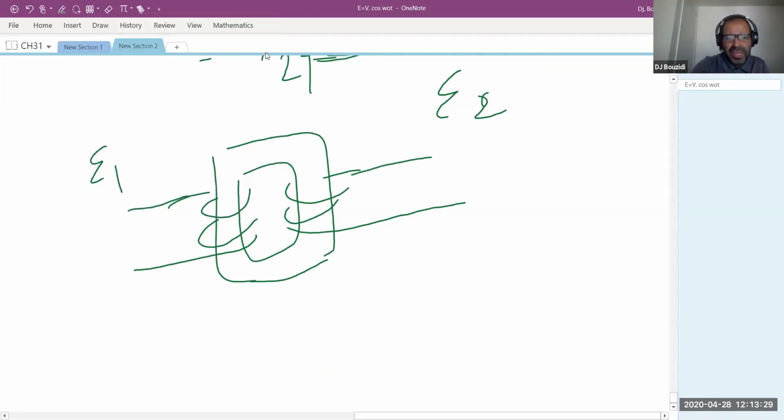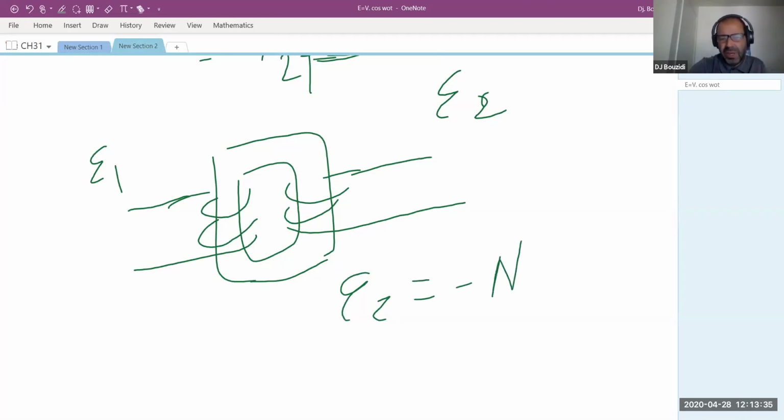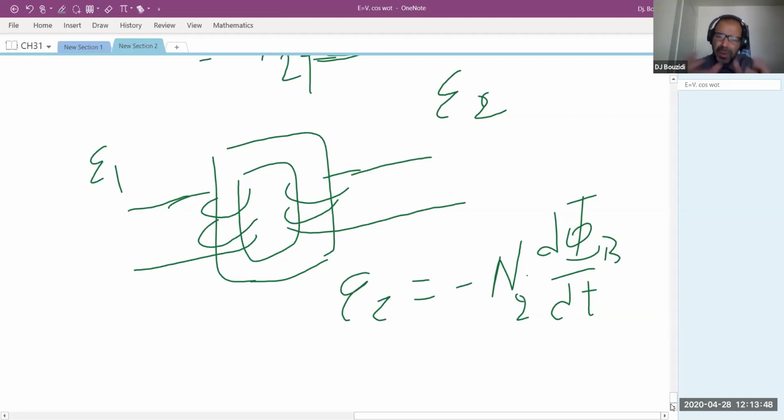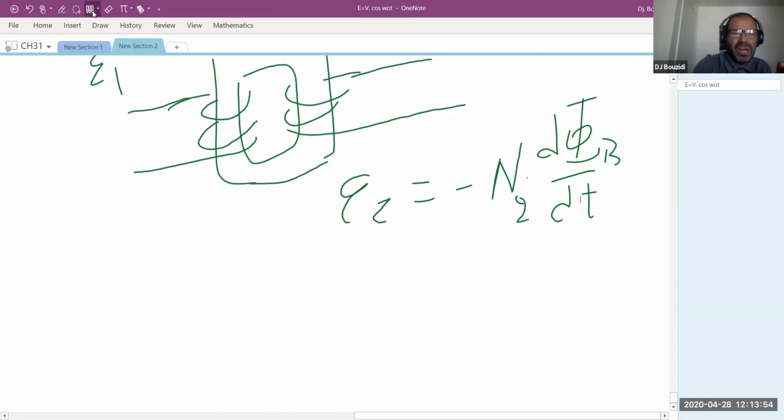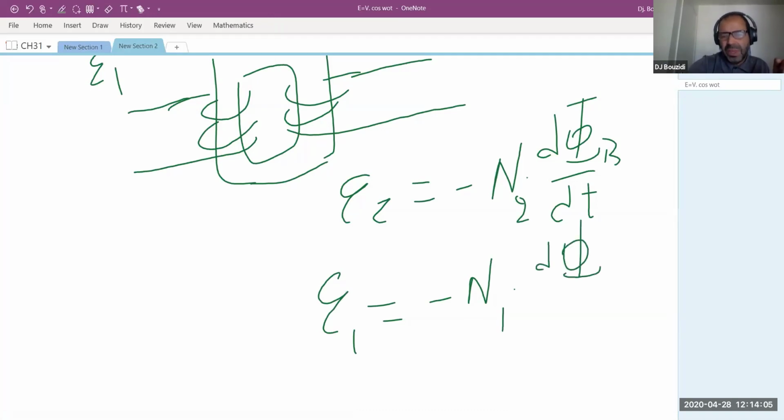The EMF in the secondary has to do with the number of turns that it has in the secondary times the drop in the linkage flux in the place where they are linked. So that's the expression we saw last time, and you could argue in the same fashion in here that the EMF in the primary is equal to how many turns I have in there times the linkage flux, the rate at which it's changing.